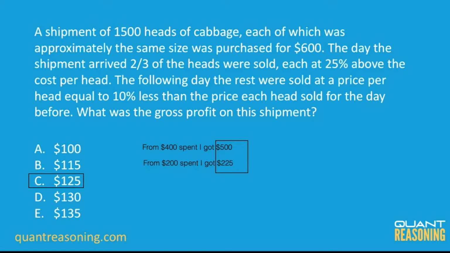Does that answer your question? I'll just highlight the word, where are we? The word sold for. That's why I attributed the 10% less, or I applied it to the amount of money that I actually received for those $200 worth of cabbage heads.